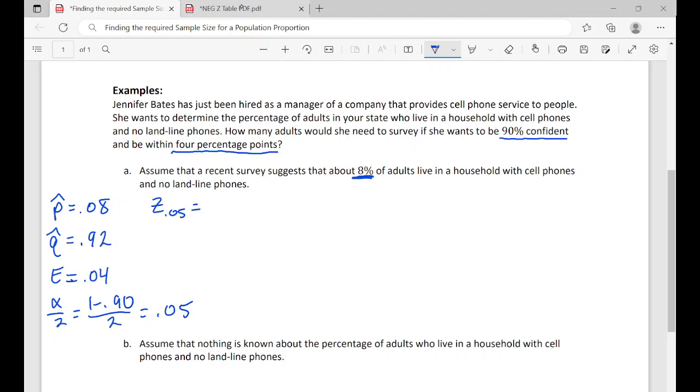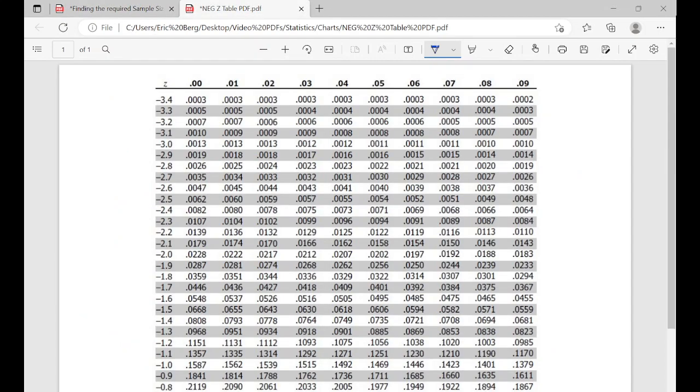Let's look at the table, and we're going to look for the closest to 0.05. And 0.05 is actually right in the middle between these two values here, 1.6 and up here, 0.045. So our z-score here is going to be 1.645.